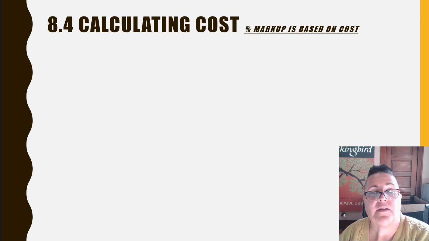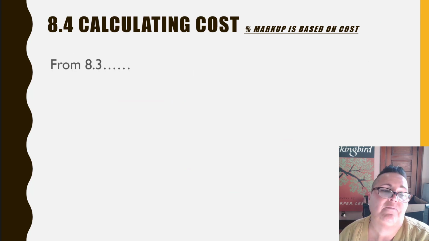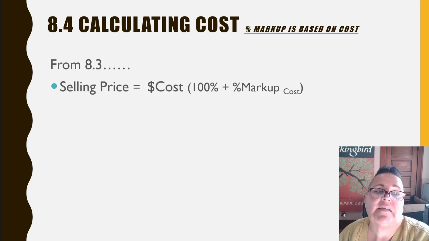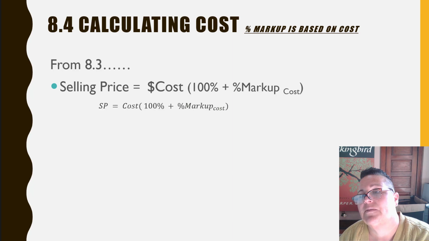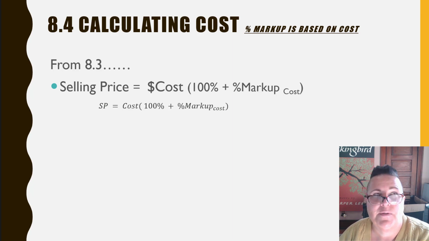How do we calculate the cost? We know from 8.3 that our selling price is equal to the dollar amount of the cost plus 100% times the markup based on cost. Or selling price is cost times 100% plus the percent markup based on cost.